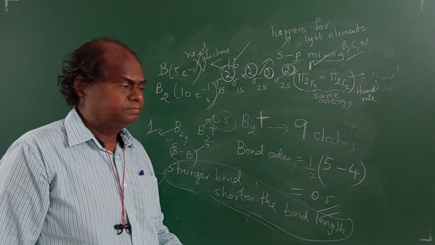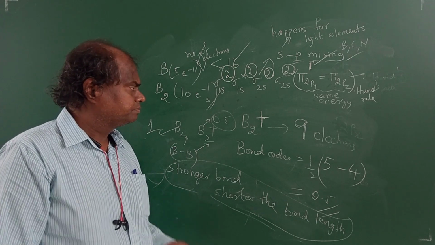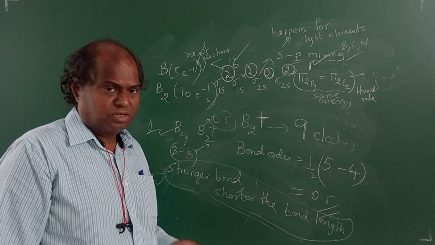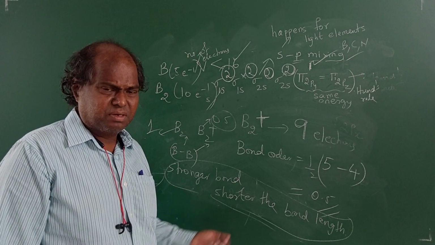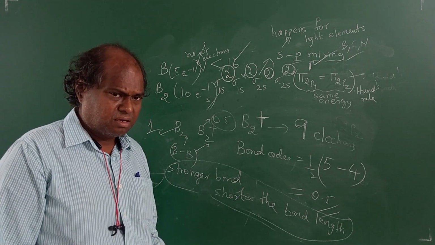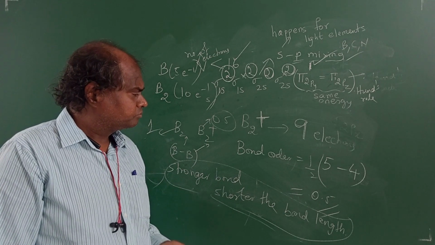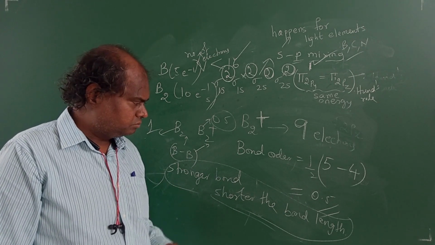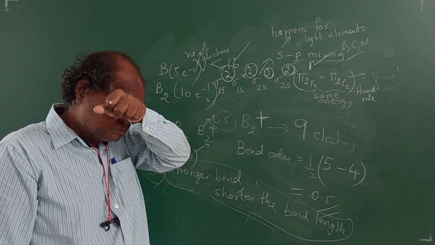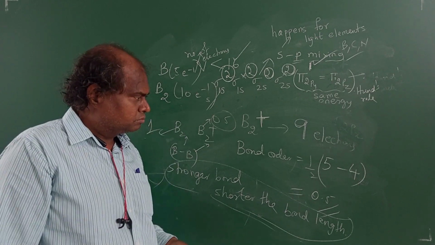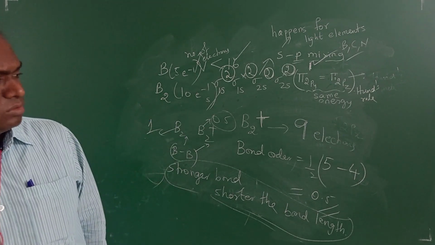Bond length will become very short. Fine, student? That's how we'll do it. Very simple. This molecular orbital theory is not that complex. Only you have to fill the electrons and tell, clear? Fine. So students, can you note down this fast?